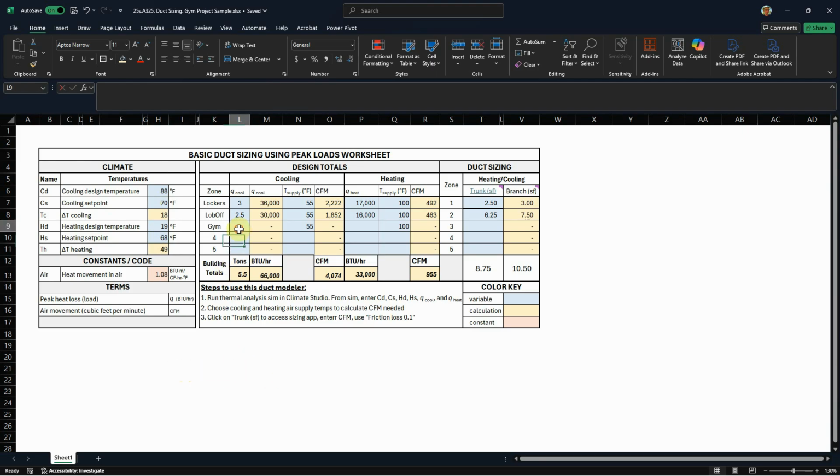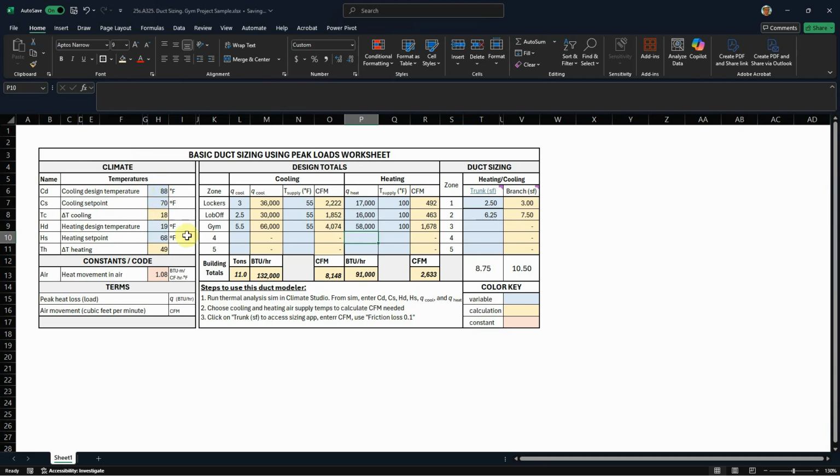And then what did we say? We said 5.5, and I'm just looking at the gym now because that's all we're designing for. And did I say 58,000? Okay. So these are the totals down here, but we're just looking at this line. What are we saying has happened based on these sets of temperatures, the temperature we're designing for, the temperature we want inside. In other words, this is the outdoor temperature.